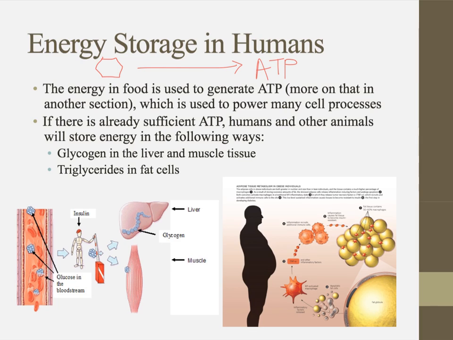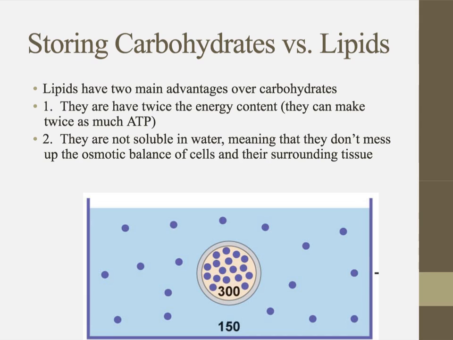We're either going to connect a bunch of them together to make glycogen, and that is stored in liver and muscle tissue, or we're going to do some cool magic tricks and store that extra energy as triglycerides in our fat cells. And of course, humans have annoyingly evolved to store our extra energy as fat, okay?